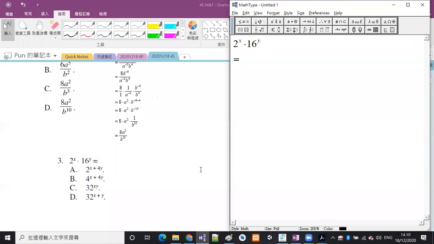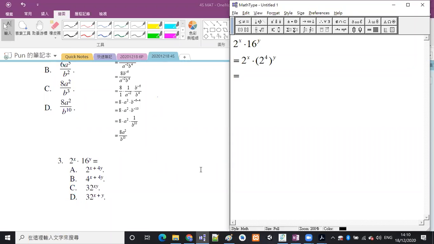So we are going to change the base to 2. So 2 to the power x has nothing to do. And then we have 16 changing to 2 power 4 and then power y. Get this?